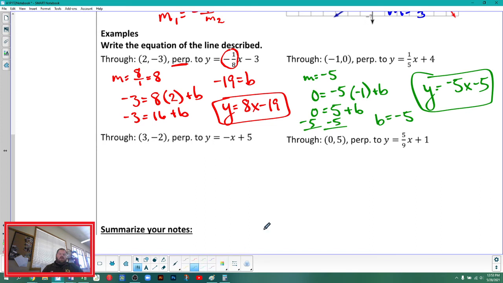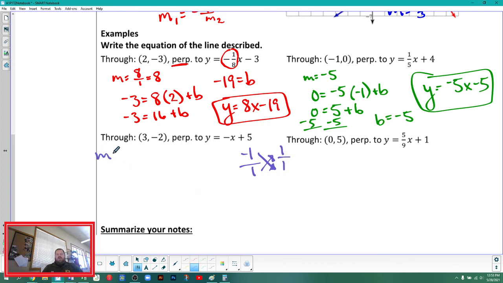Okay. I classify this next one as one of the hardest easy problems there is. The line I want to be perpendicular to has a slope of negative what? Negative 1. So if I take negative 1, change its sign and flip it over, in order to think about flipping it over, I do want to put it over 1. So now I can flip it over and switch its sign, and it becomes 1 over 1.